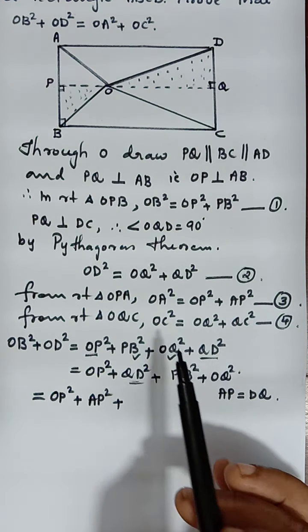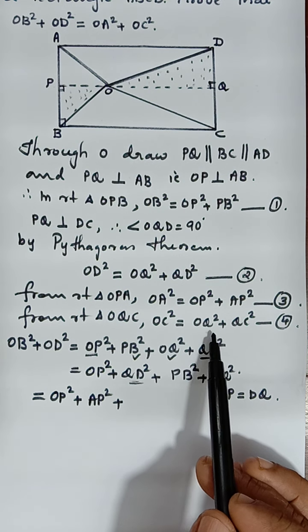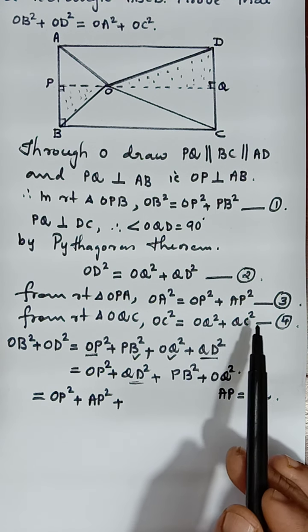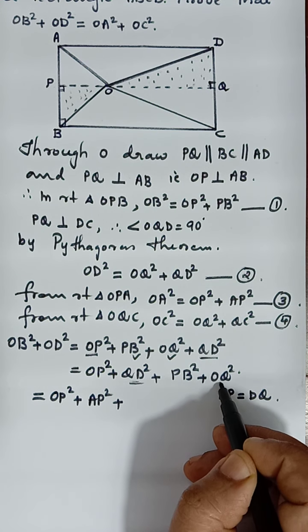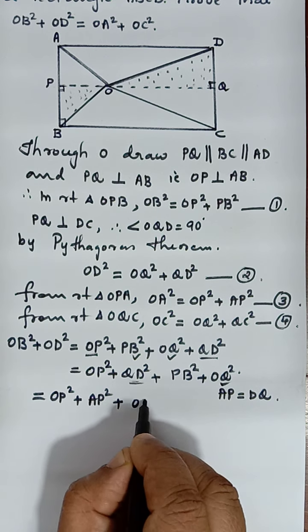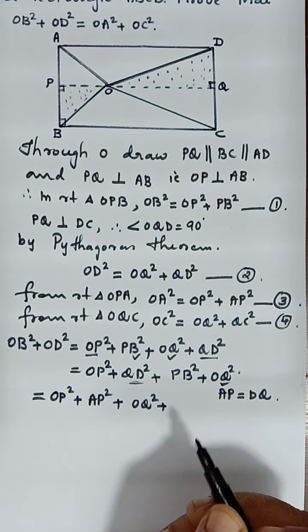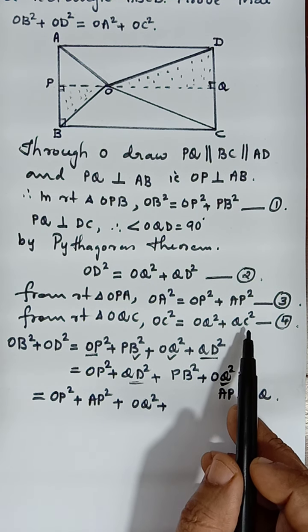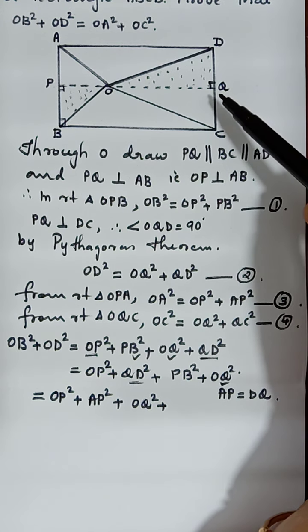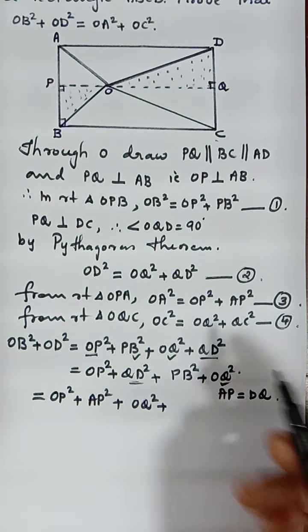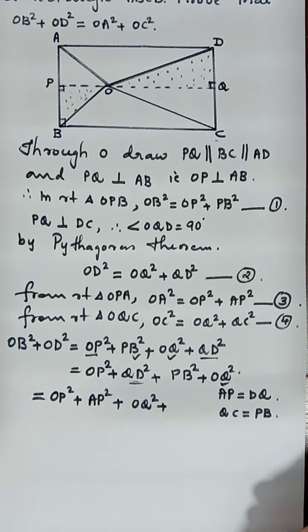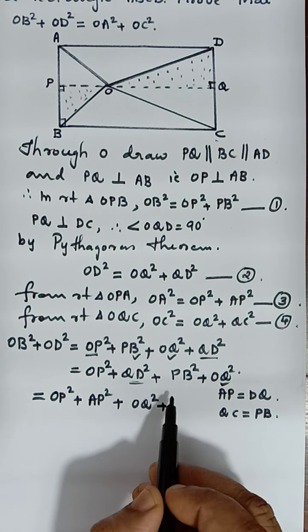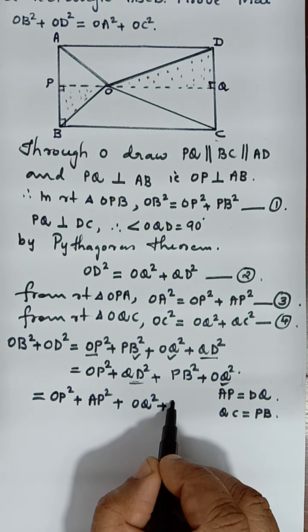Now the next point is OC square. What is OC square? OQ square plus QC square. OQ square is already available here. We have to write OQ square plus QC square. Is this QC equal to PB? QC equals PB, so instead of PB, I am going to write QC.